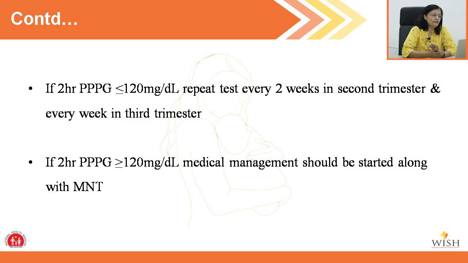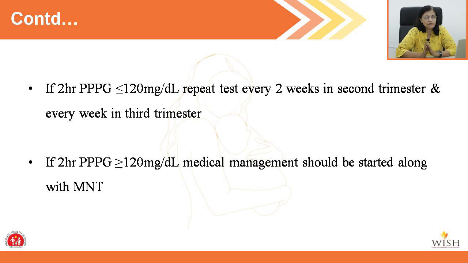So, if the 2-hour postprandial glucose, that is 2 hours after the ingestion of 75 grams of glucose, is less than or equal to 120 milligram per deciliter, then this test should be repeated every 2 weeks in the second trimester and every week in the third trimester.